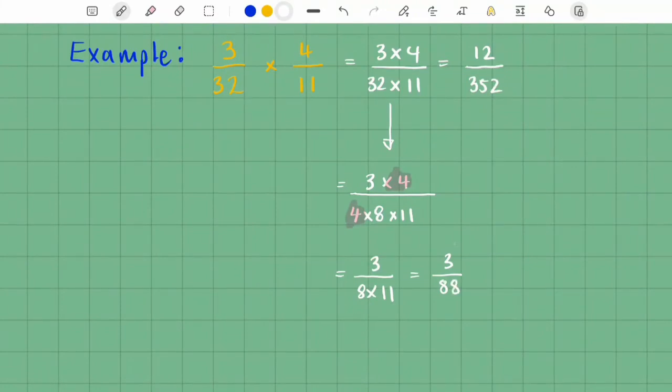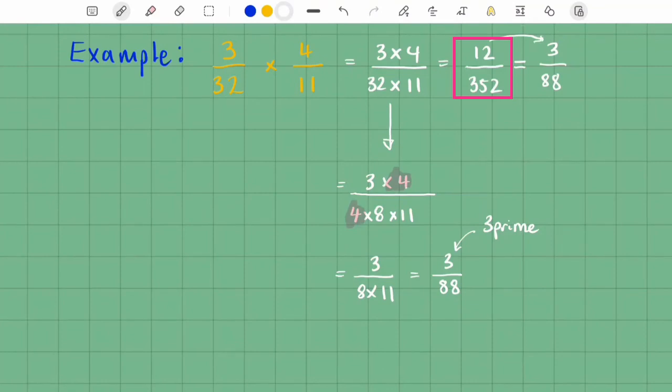Now, a very good indicator that we've finished here is that 3 is a prime. And I know that if we were to carry on, this fraction would be 3 out of 88. This gives me an indicator of what I would have divided by.